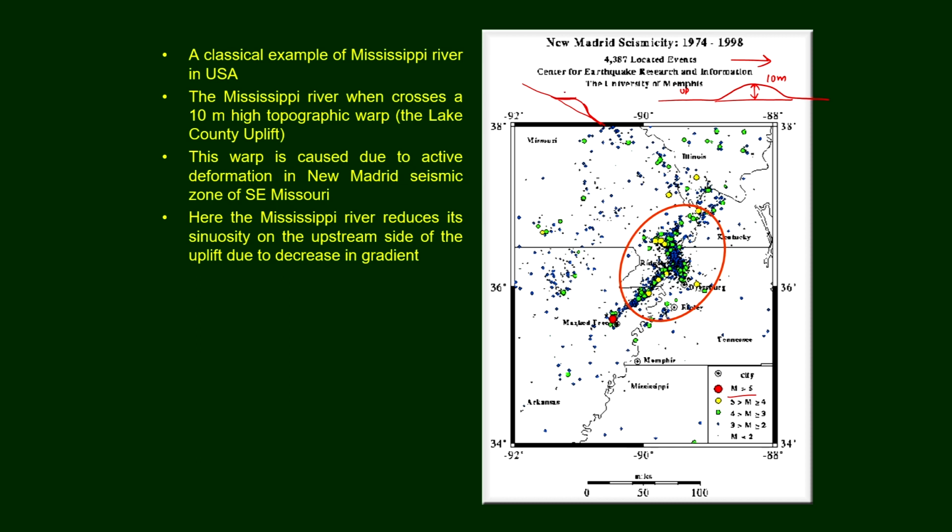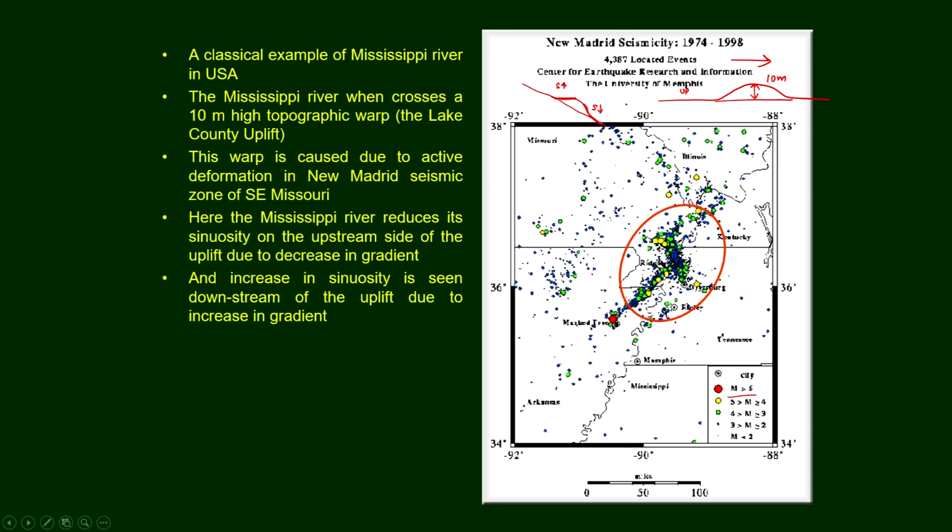When we have a reduction in slope, the sinuosity decreases in the upstream of the uplift, and an increase in sinuosity is seen on the downstream side.